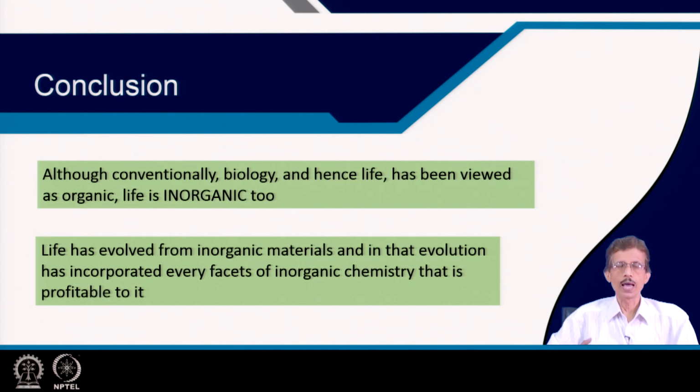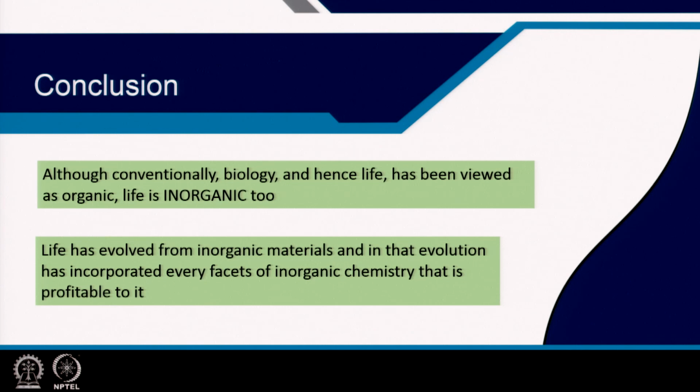That is why life has evolved from inorganic materials. If you have some storage molecules, life has evolved from there, and in that evolution it has incorporated many facets of inorganic chemistry that are profitable to the system. So, if it is profitable to the synthesis of myoglobin and hemoglobin, it will utilize that coordination chemistry, how iron will be inserted into that particular system.